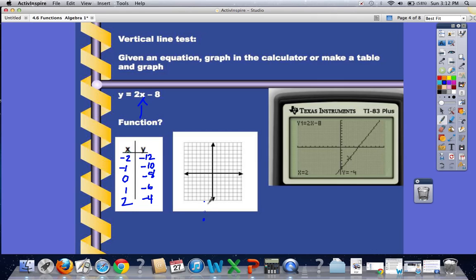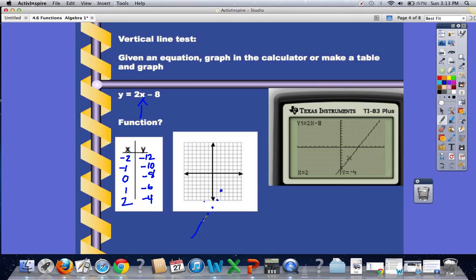All right, the next one's going to be 1, about right there. 0, 8, so about right there. 1, 6, 1, 2, 3, 5, 6. And then 2, -4. 2, 1, 2, 3, 4. I'm a little off. This one should have been a little bit up further, but that's okay.